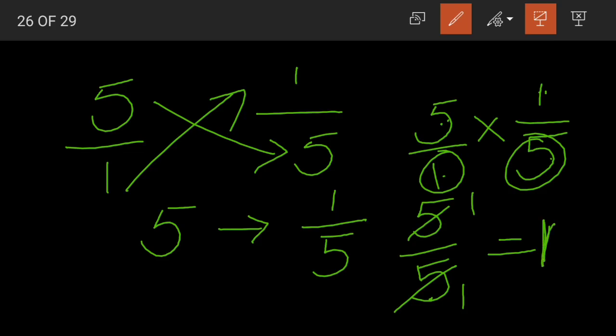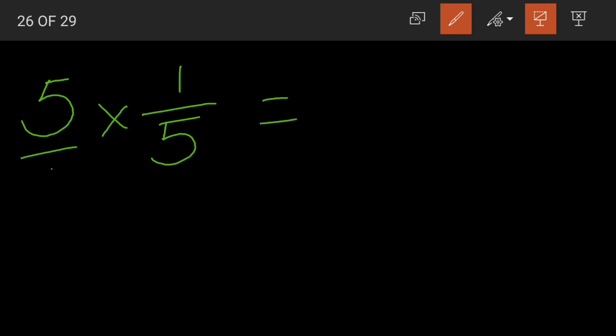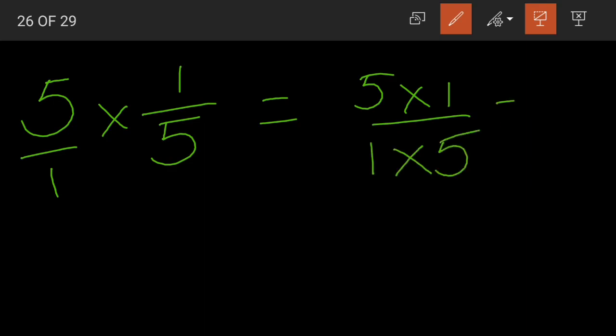So, the answer will be 1. Understood? When we multiply the integer 5 with its reciprocal 1 by 5, the answer will be 5 into 1 by 1 into 5, which is 5 by 5. As we all know, 5 1s are 5. The answer will be 1.